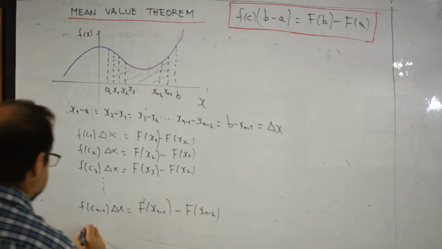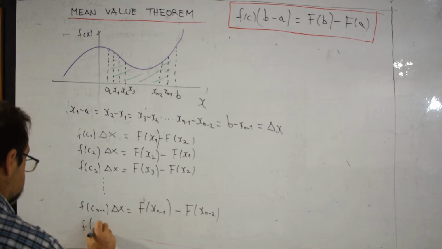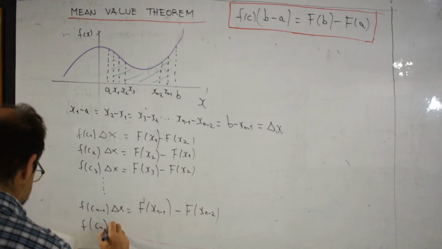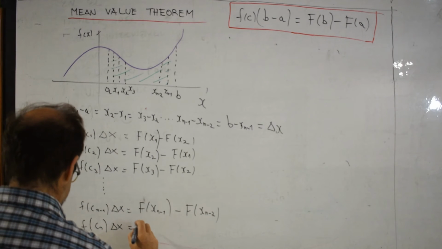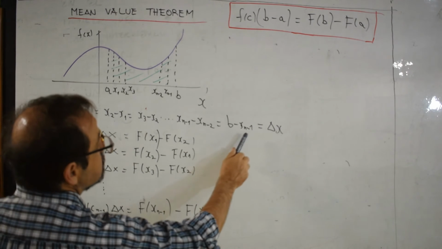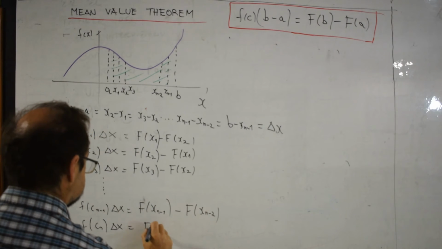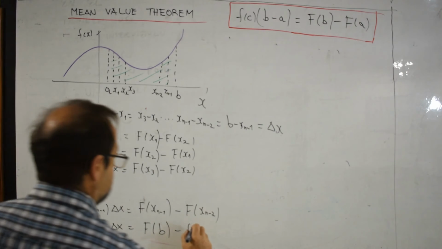And the last one will be that f of cn times delta x is going to be F of b minus F of x n minus 1.